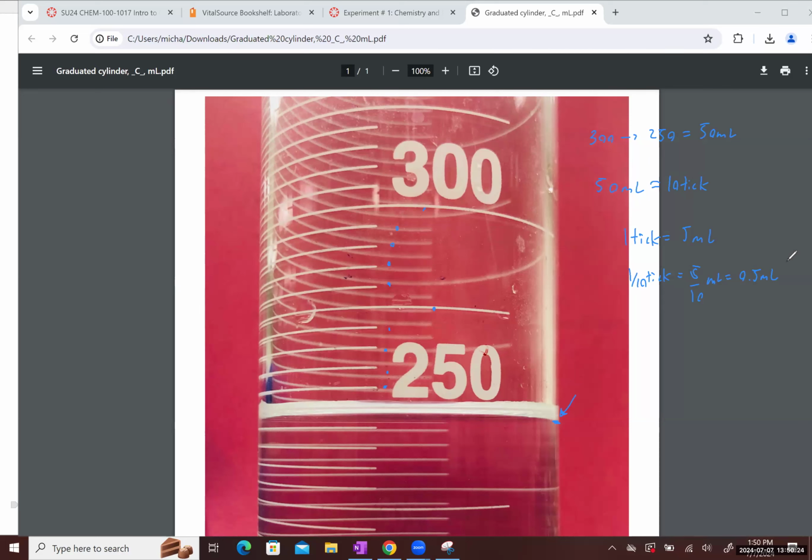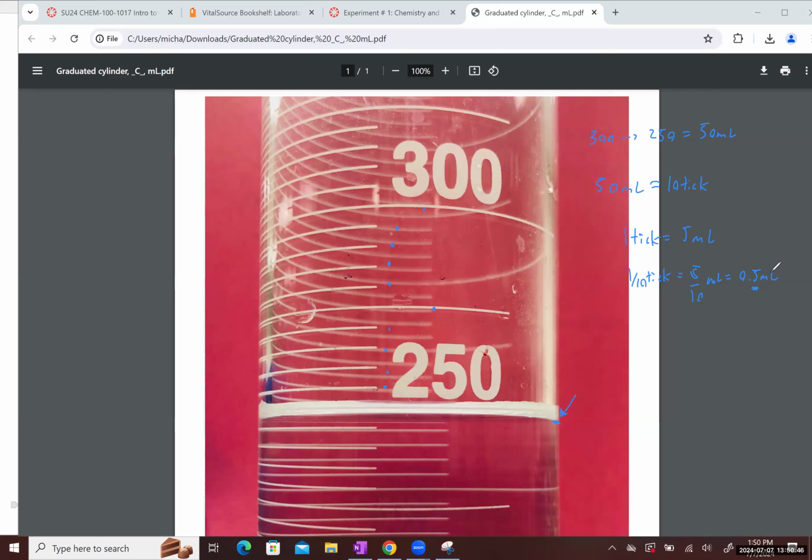This time, our estimated digit must be a multiple of 5. So it could be 5 or 0, because that is the precision we're allowed to report. We report to the tenths place, and that digit is 5 or 0.